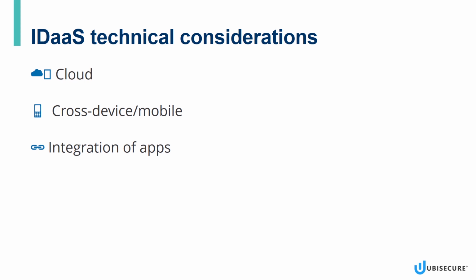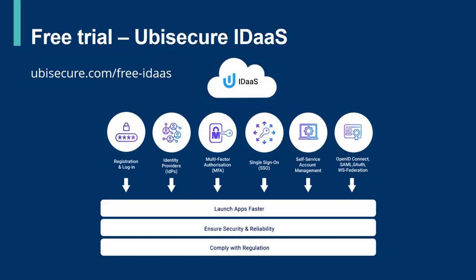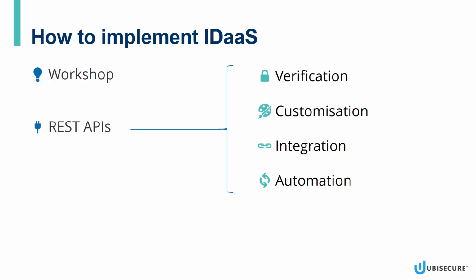One more thing about the technicalities: how to implement IDaaS. So let's think your organization has already decided to implement IDaaS. The first step in the integration process is a workshop. It can typically be a one to two hour workshop at least between your technical specialists and some members of my sales engineering team, in which we discuss key elements of your system.